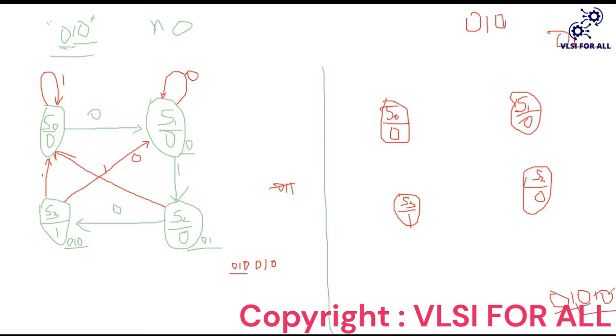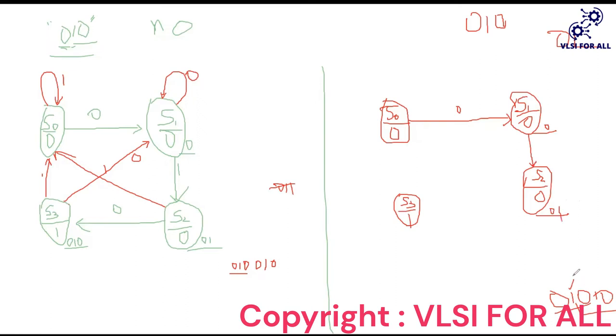So when we get 0 as the input from S0, we will be going to the S1 state. S1 remembers only 0. And when we get 1 as the input, we will be going to S2. S2 remembers 0 and 1.